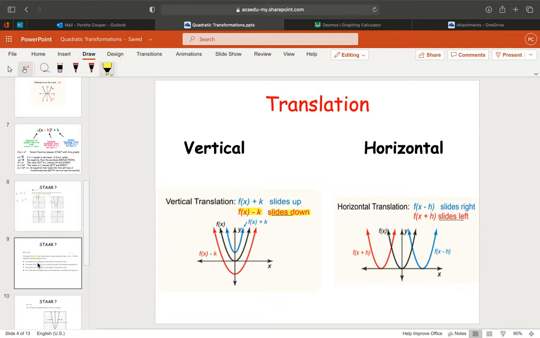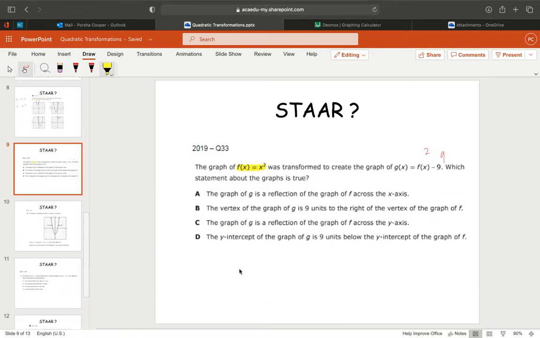So I want to find an answer choice that uses the word down or something to that effect. All right, so it says the graph is going to be a reflection. The vertex of the graph is 9 units right. The y-intercept of the graph is 9 units below the y-intercept.